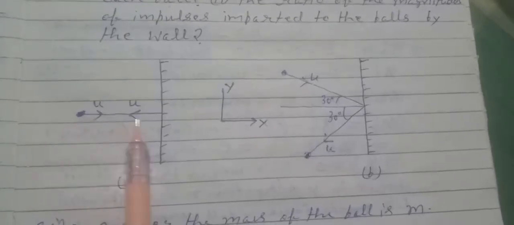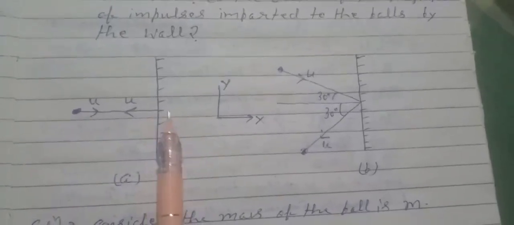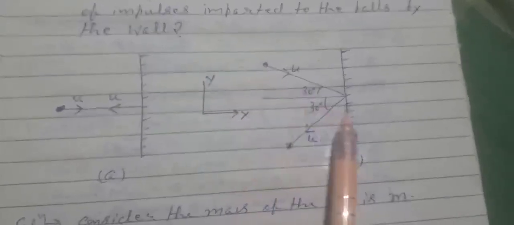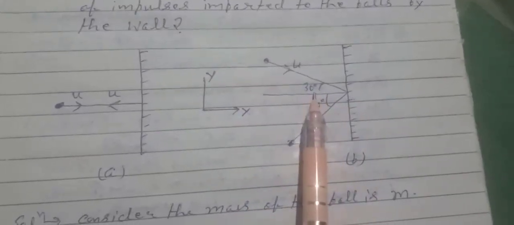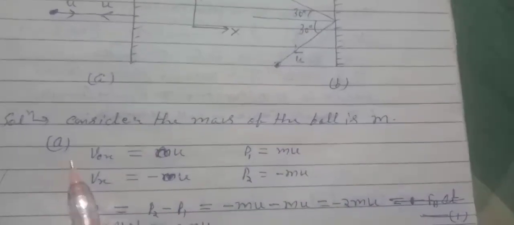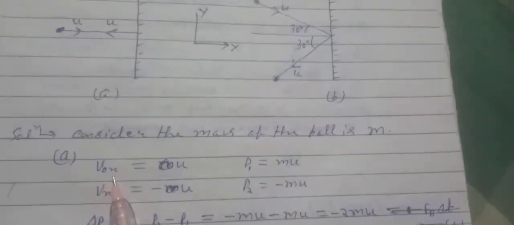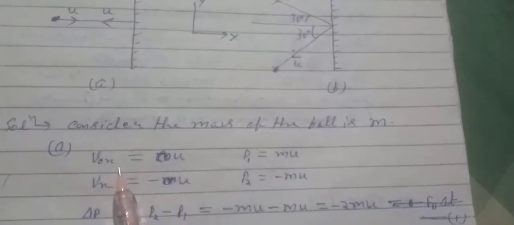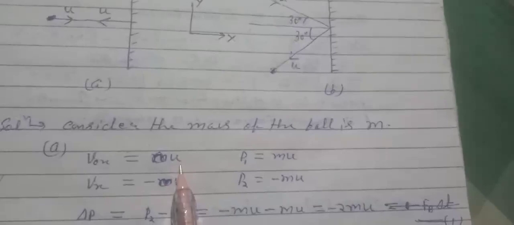In the first condition, the ball is directly striking the wall. In the second condition, the ball is striking the wall at an angle of 30 degrees. Now the solution. Consider the mass of the ball is m. Solution of A. We have v naught x, the initial velocity along x direction, is u.